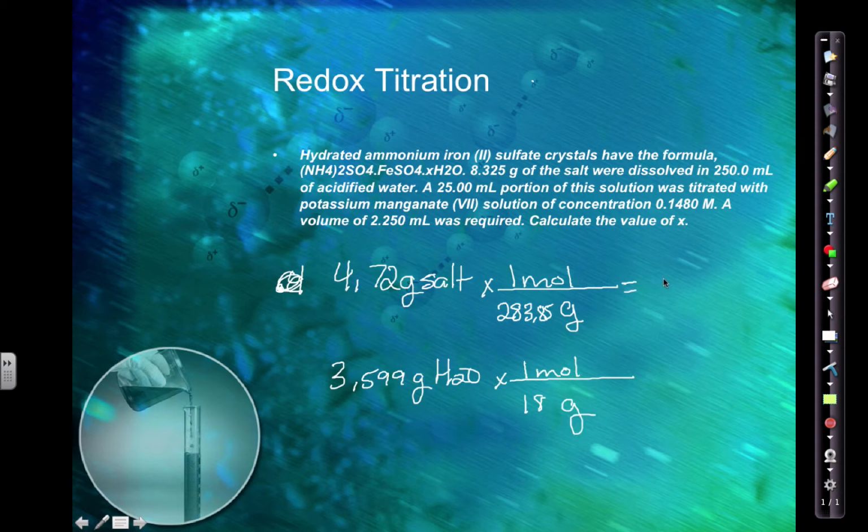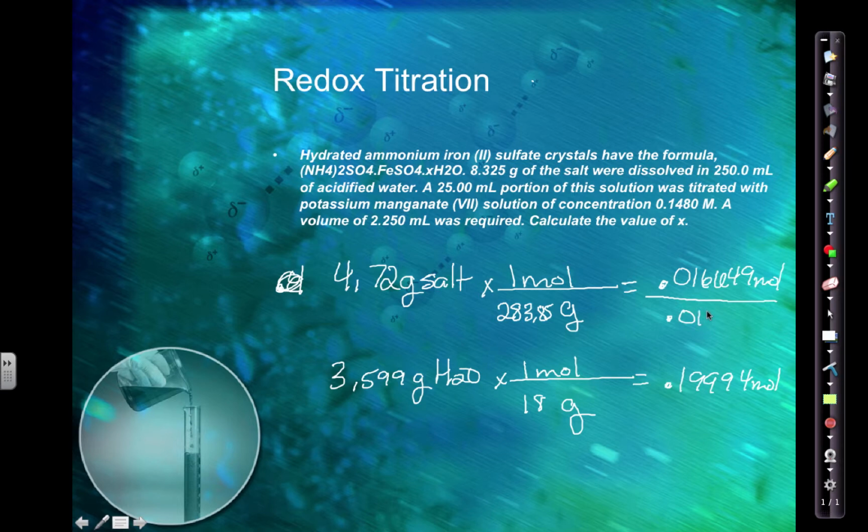Alright, so now next step to get empirical formula, get the number of moles. Okay, so for the number of moles of salt, I have 0.016649. And for water, I get 0.199954. Alright, so now at this point I've got moles, so now I need to divide by small.